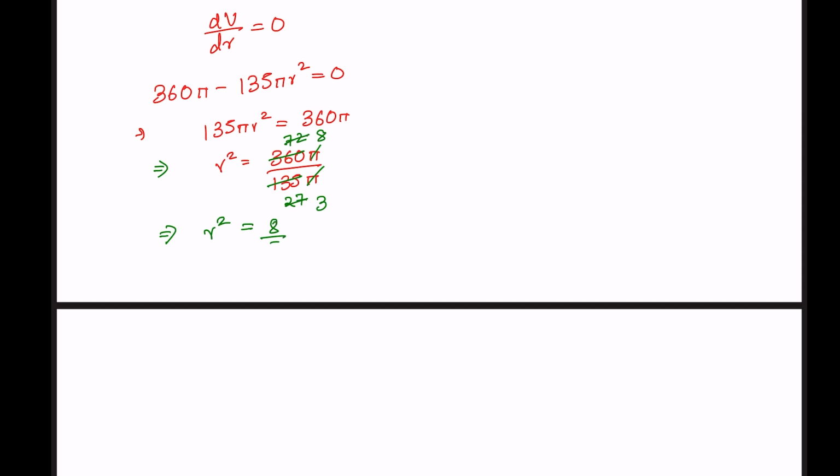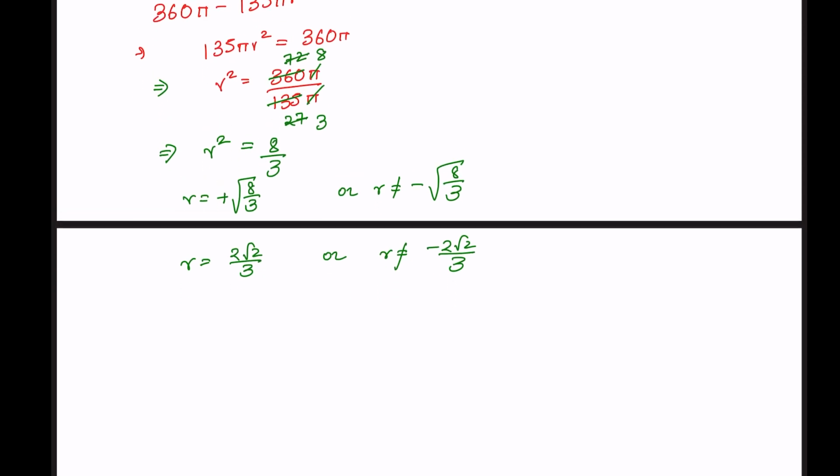So r square is 8 over 3. So r would be either plus root under 8 by 3 or negative root under 8 by 3. So r is equal to 2 root 2 by 3 or r is equal to negative 2 root 2 by 3. Now radius cannot be negative, so we'll ignore this value.